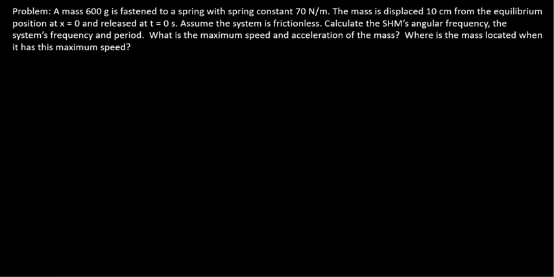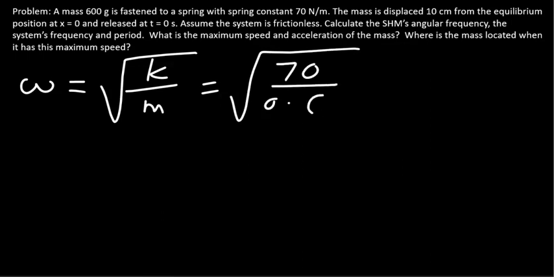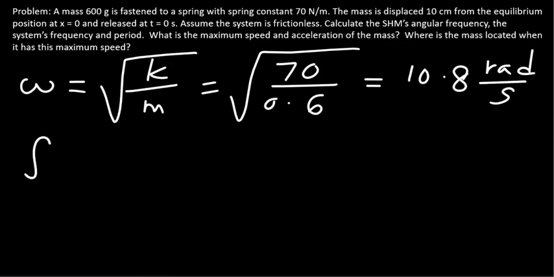Let's calculate the angular speed. The angular speed is defined as the square root of spring constant over mass. Since the spring constant is given as 70, and the mass is 600 grams, you have to convert that into kg. When you do that, you end up with a value of 10.8 radian per second for the angular frequency. Now the linear frequency, or the system's frequency, is given by omega over 2 pi.